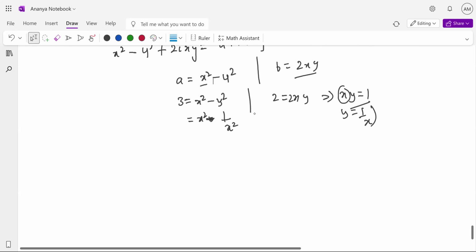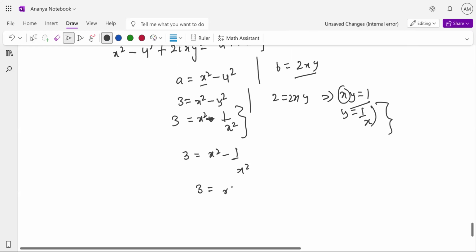Okay, so I explained till here. Is it clear? Yes, sir. So if you see, what I have right now is x square minus 1 by x square. To solve it out, you can see it can be written as x to the power 4 minus 1, and here you will be having this x, you can take that side, so it will become 3x square.